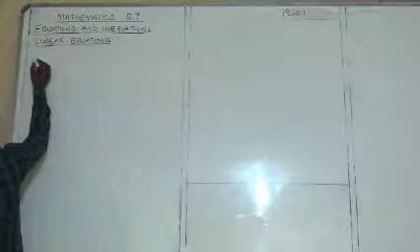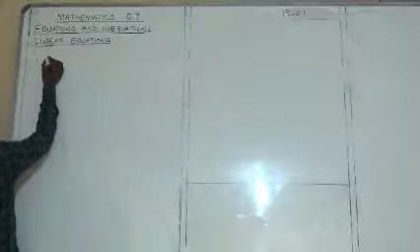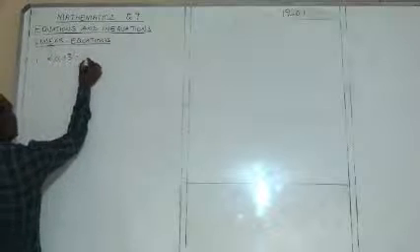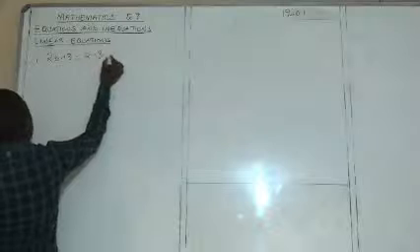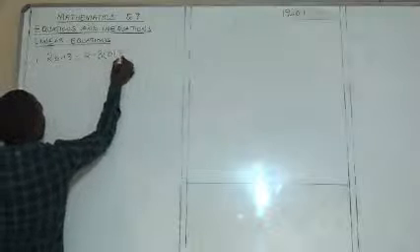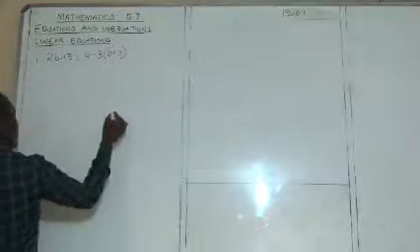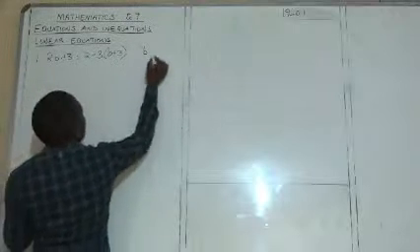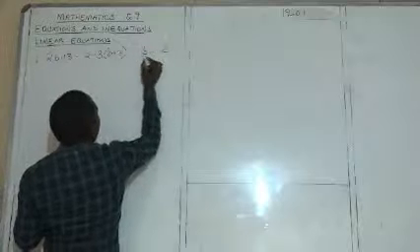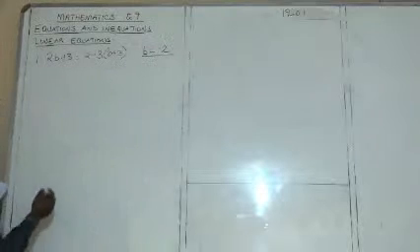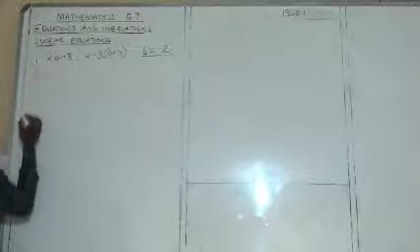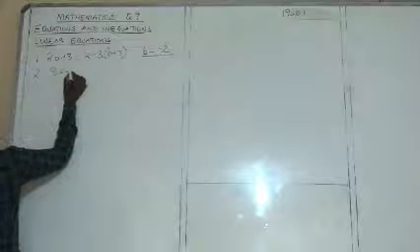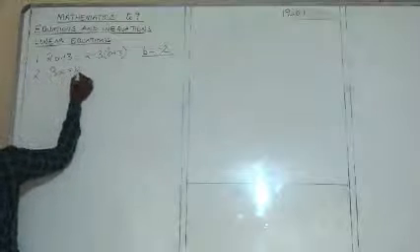Okay, so the first question, we said 2b plus 3 is equal to 2, then minus 3 multiplied by b plus 3. Here the variable which we are calculating is b, so the answer is b is equal to negative 2. Then the second one is 3x is equal to 21.